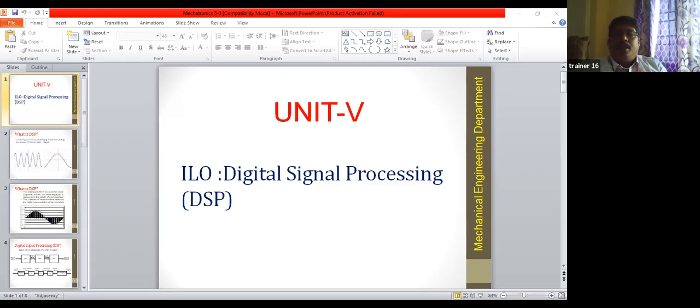And digital to analog conversion means the data is converted from digital to analog. In other words, the analog signal is converted into a digital signal, that is ADC, and the digital signal is converted into an analog signal, that is DAC.